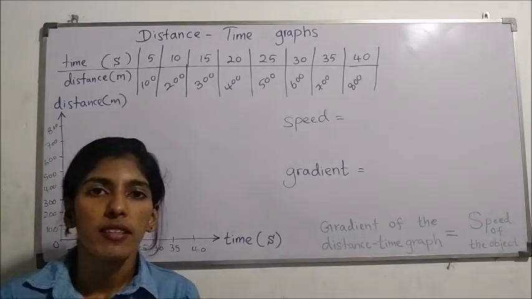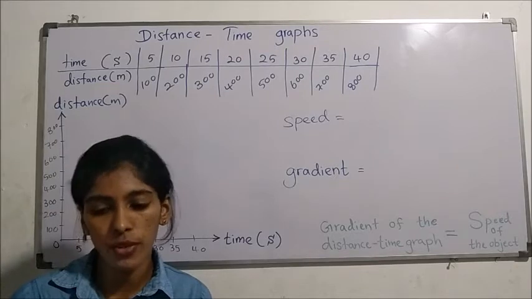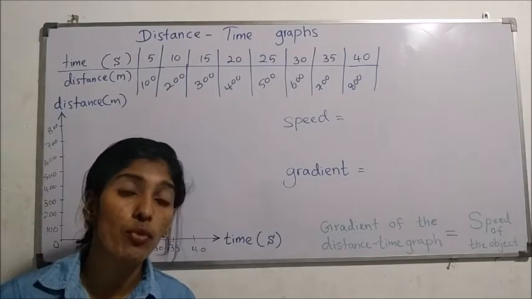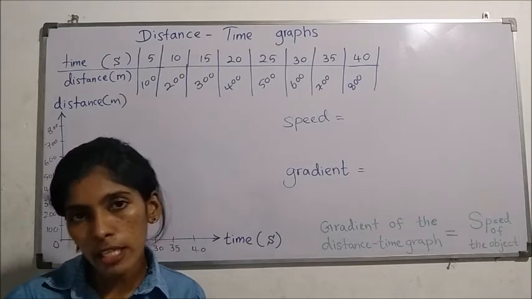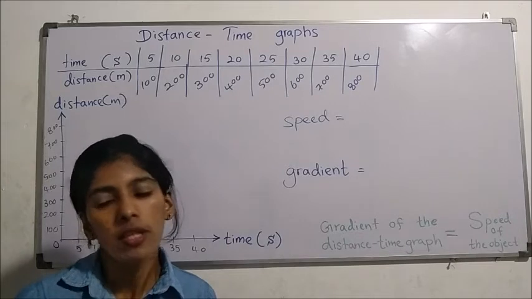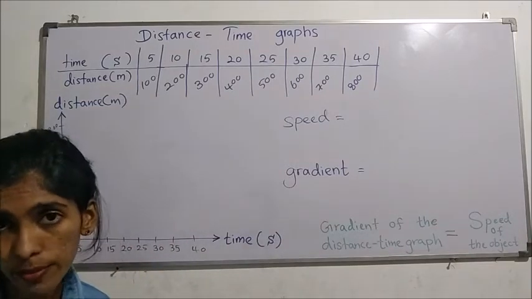Now children, we will learn about distance time graphs. To illustrate the change in distance with respect to time, we use these distance time graphs. In your textbook you are given an example along with a table.